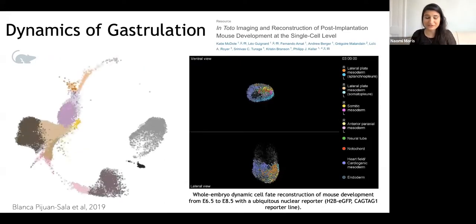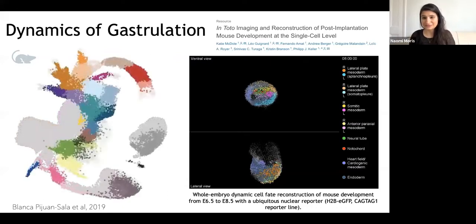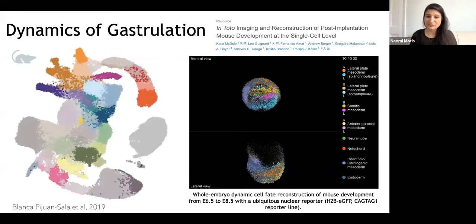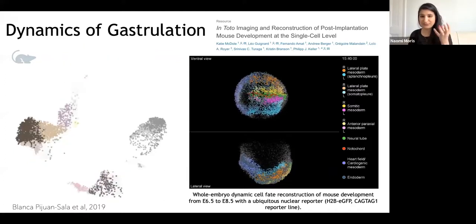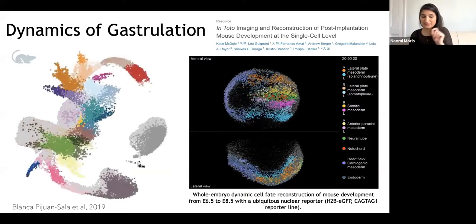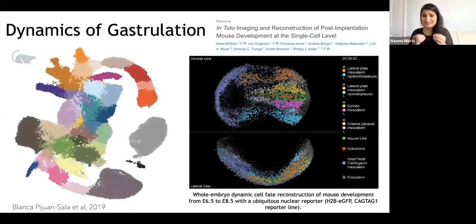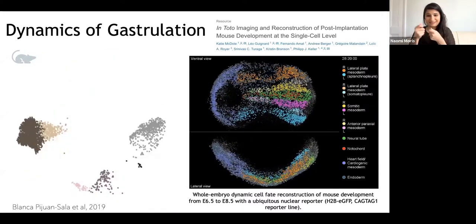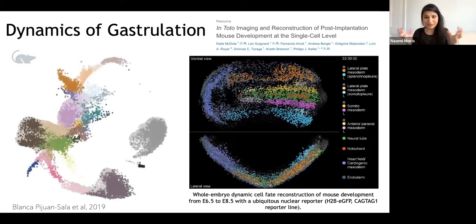And so some advances in light sheet imaging, this is from Kate McDowell and her team now in Cambridge, where they took a mouse embryo at gastrulation and imaged individual cells throughout this time course. And they've plotted here the cells themselves and then colored them by their eventual cell fate. And so you can see over time that these cells are rearranging, they're forming these beautiful patterns, but also the embryo is growing enormously.